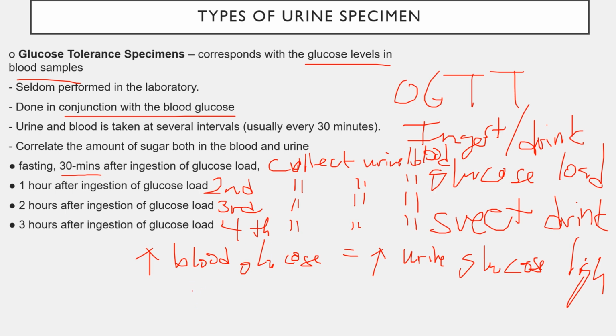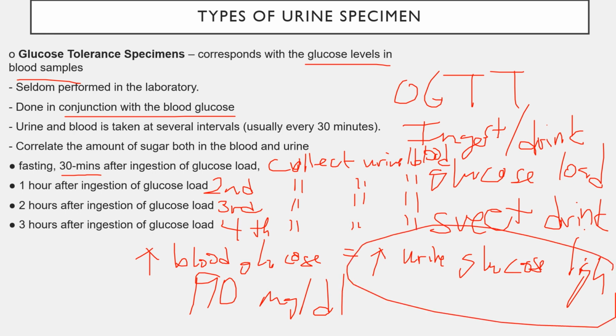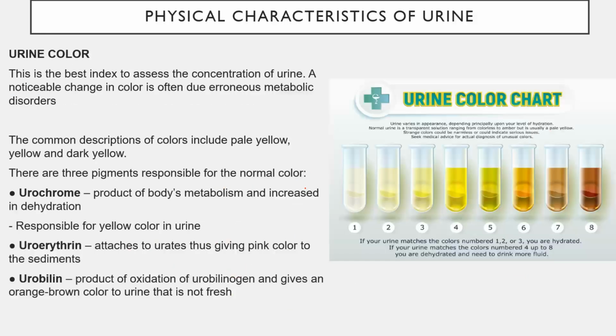So let's say your blood glucose, class, on the second or on the third collection, you got a 190. So, isn't it that 190 milligram per dL is above the renal threshold? So, there's a possibility that urine glucose would be positive or high. So, that's the glucose tolerance test.